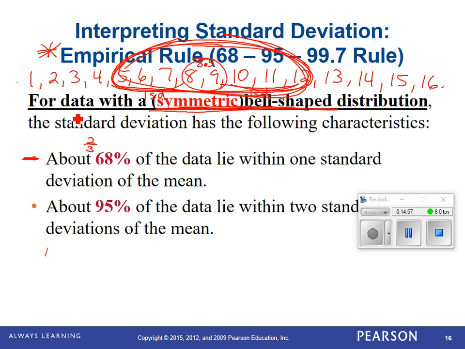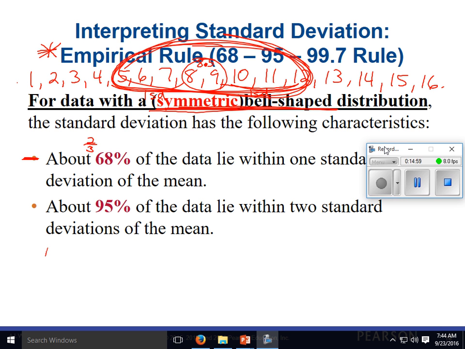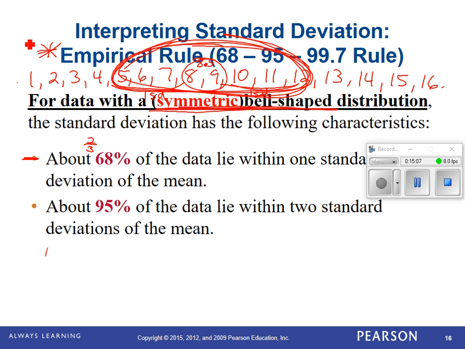The next one: 95% lie within 2 standard deviations. So if we went out, whatever our standard deviation is, our S is going to be something like maybe 3.6. That's what it was on that other one, right? So that's telling us if we take 8.5 and add 3.6 to it and go up, that's 1 standard deviation to the right.